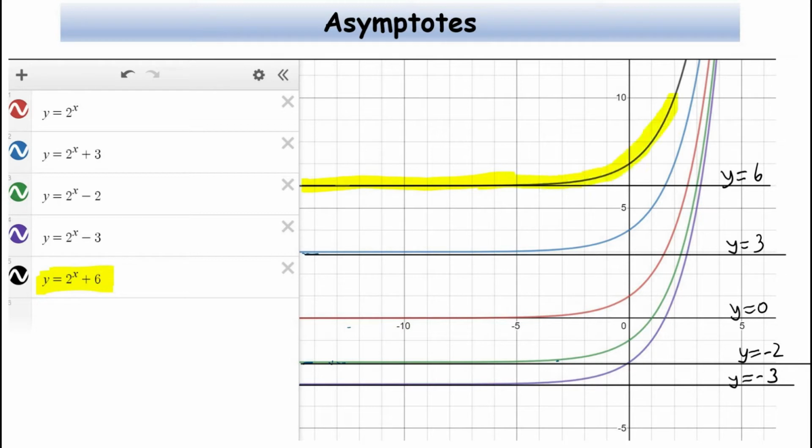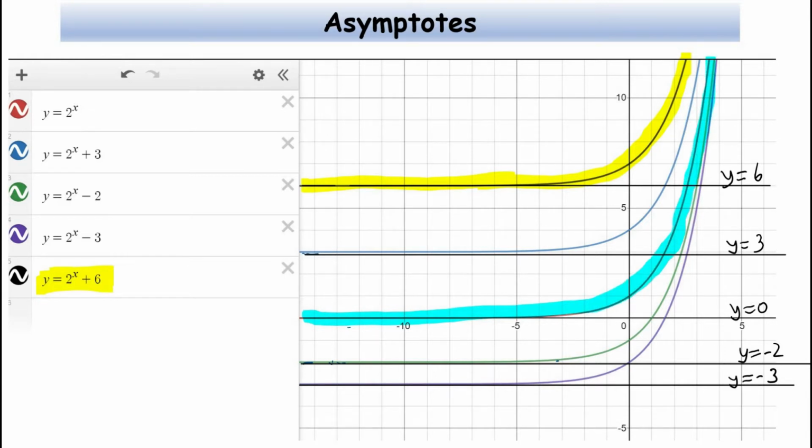As you can see, that graph is approaching a new line now. It has been shifted up. The parent function was this one. Let me highlight it in blue. That's the parent.